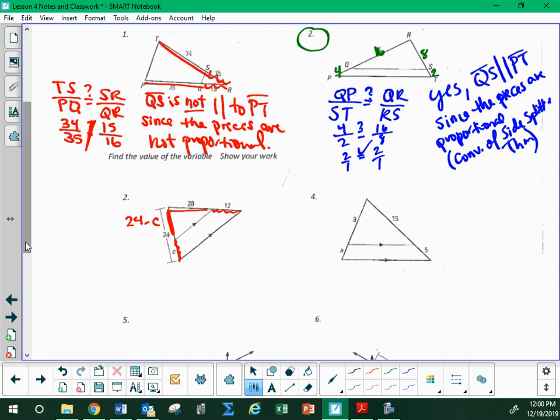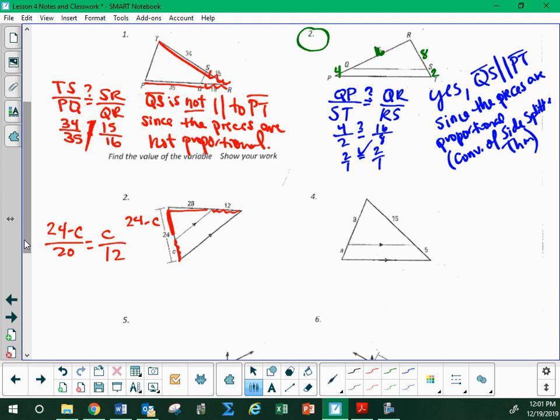So when we set up our proportion here, again, it's up to you. You can go left to right, top to bottom, bottom to top, right to left. Whichever way you so desire, you'll get the same answer. I'm going to say 24 minus C to 20 equals C to 12.